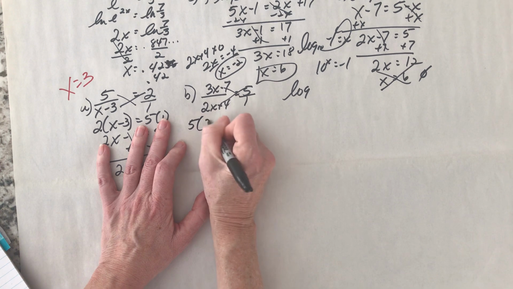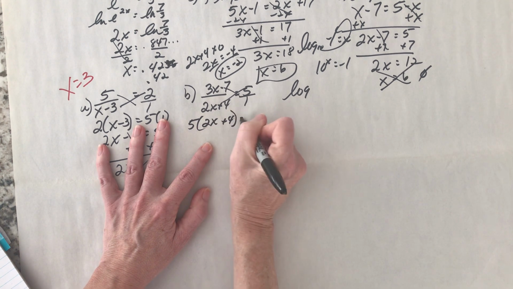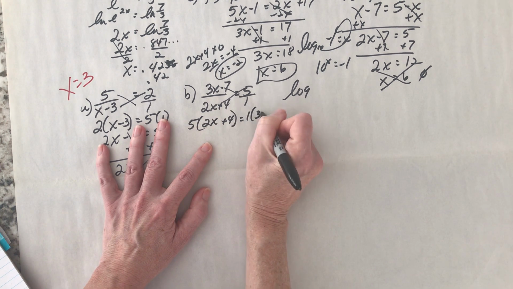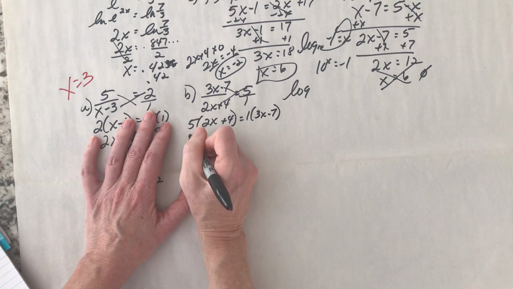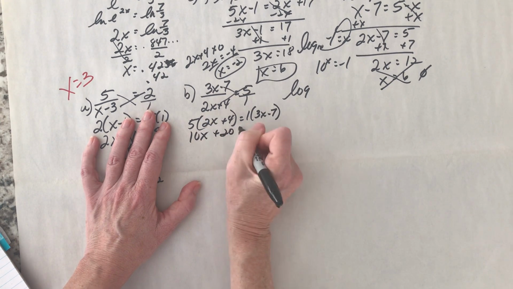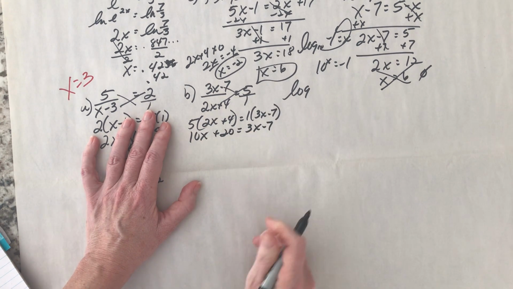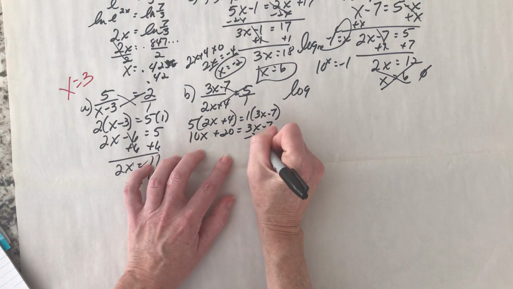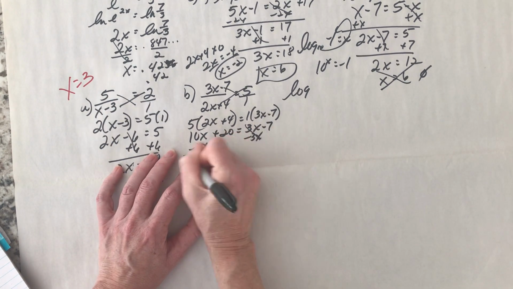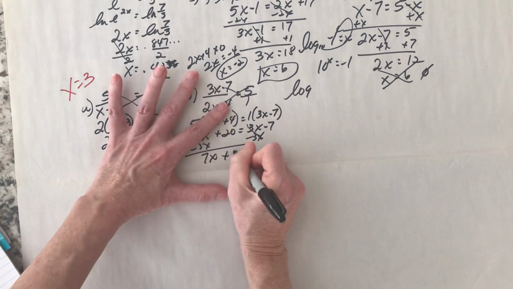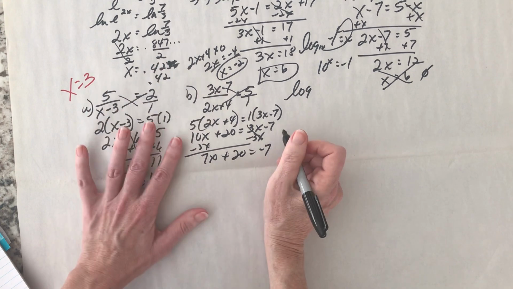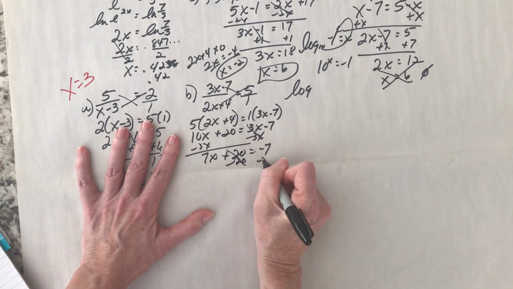So I'm going to put 5 times 2x plus 4 equals 1 times 3x minus 7. 10x plus 20 equals 3x minus 7. Move the 3x to the other side to join the 10x. Move the 20 over.